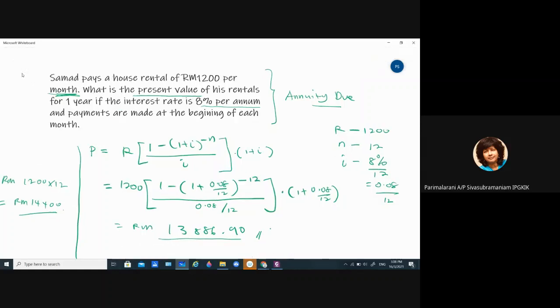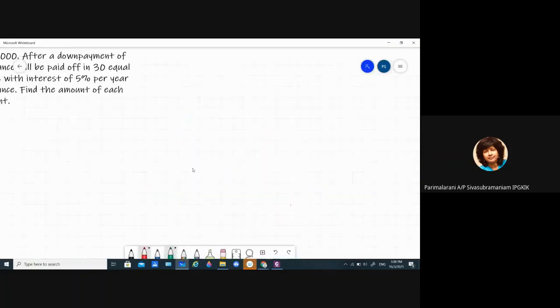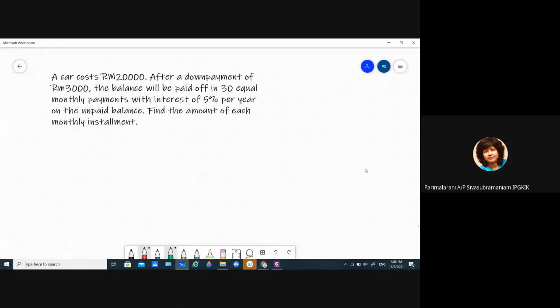Okay, let's look at one more question. A car costs 20,000 ringgit. After a down payment of 3,000, the balance will be paid off in 30 equal monthly payments with interest of 5% per year on the unpaid balance. Find the amount of each monthly installment.